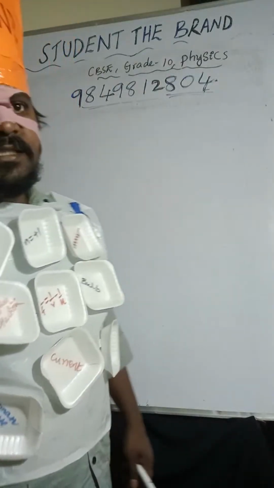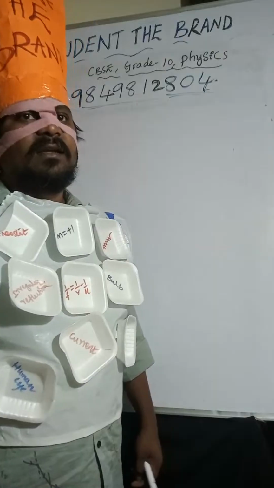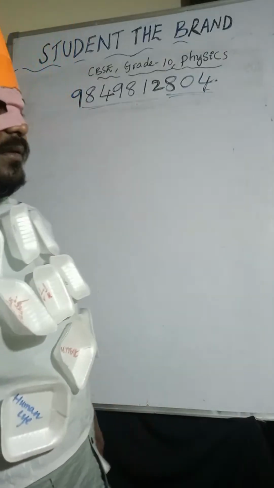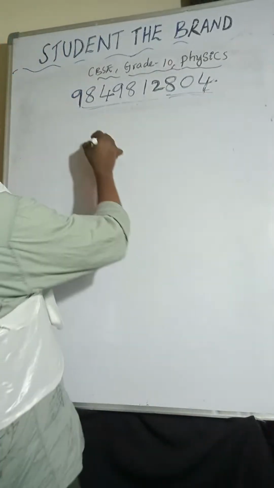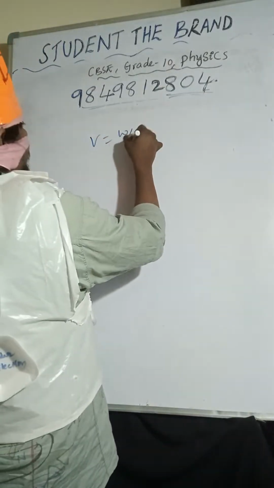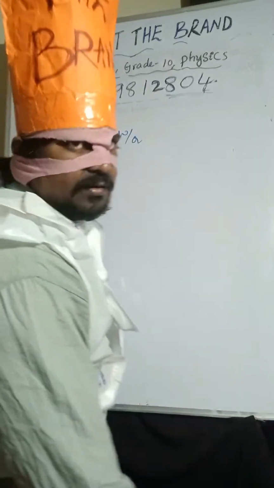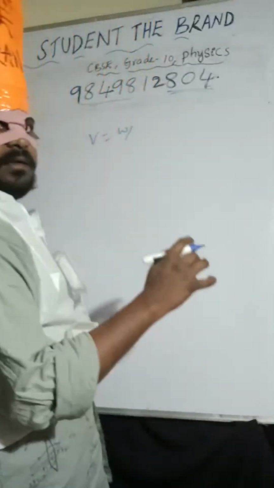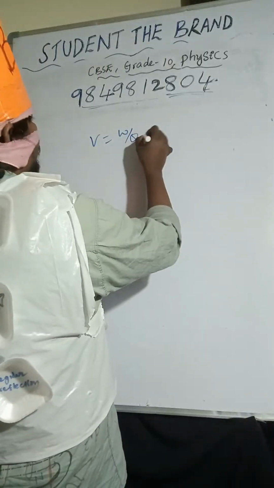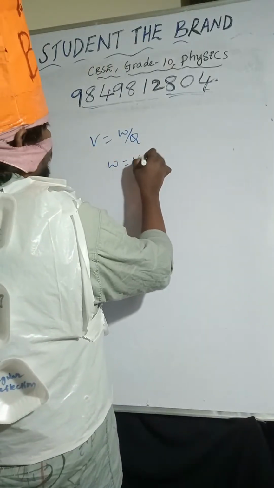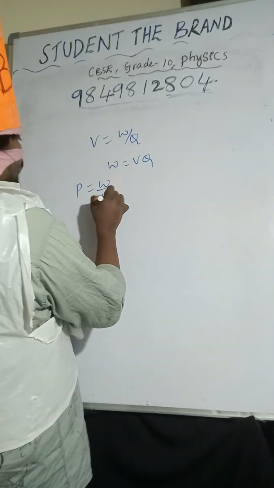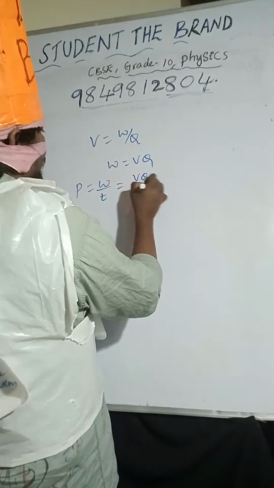The source of energy continuously getting dissipated entirely in the form of heat is called the heating effect of electric current. V equal to W by Q, so W equal to V into Q. Power P equal to W by T, which is VQ by T.